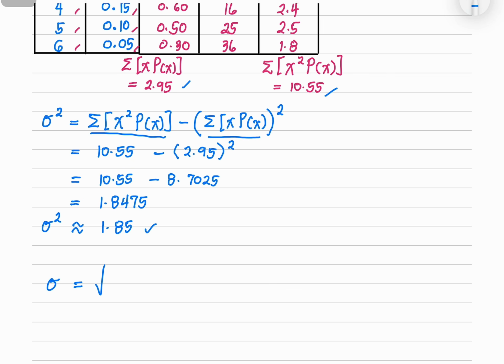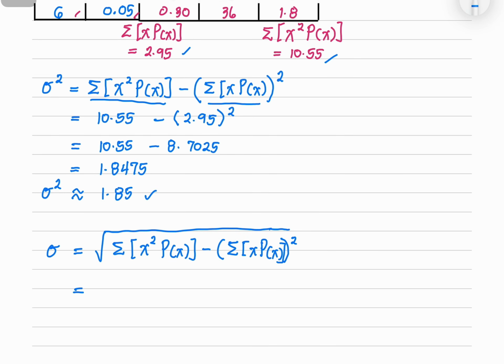So, sigma is equal to square root of, ayan, summation of x squared times its corresponding probability minus summation of the square of the mean, no? Okay. So, x times p of x close square. Gets? Okay.